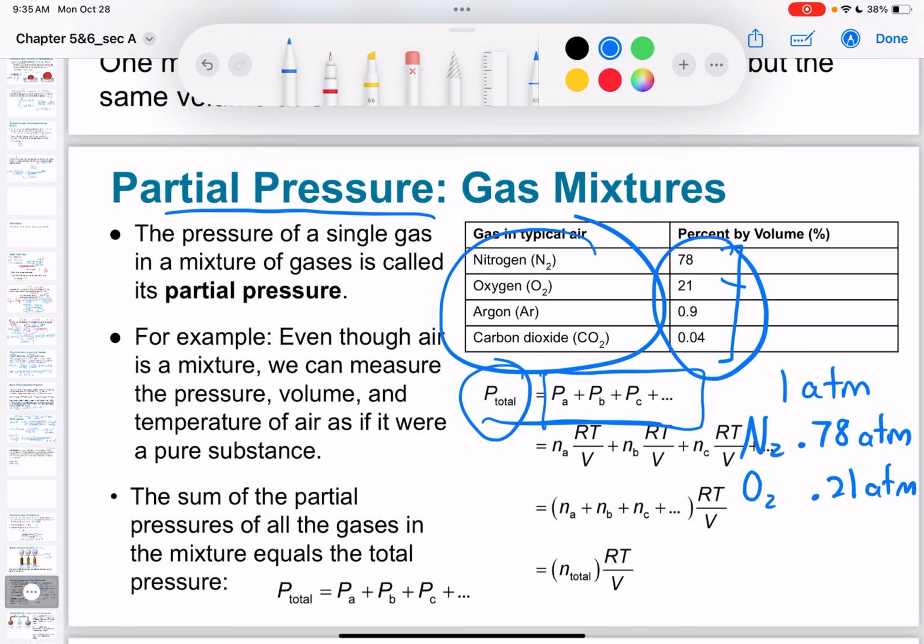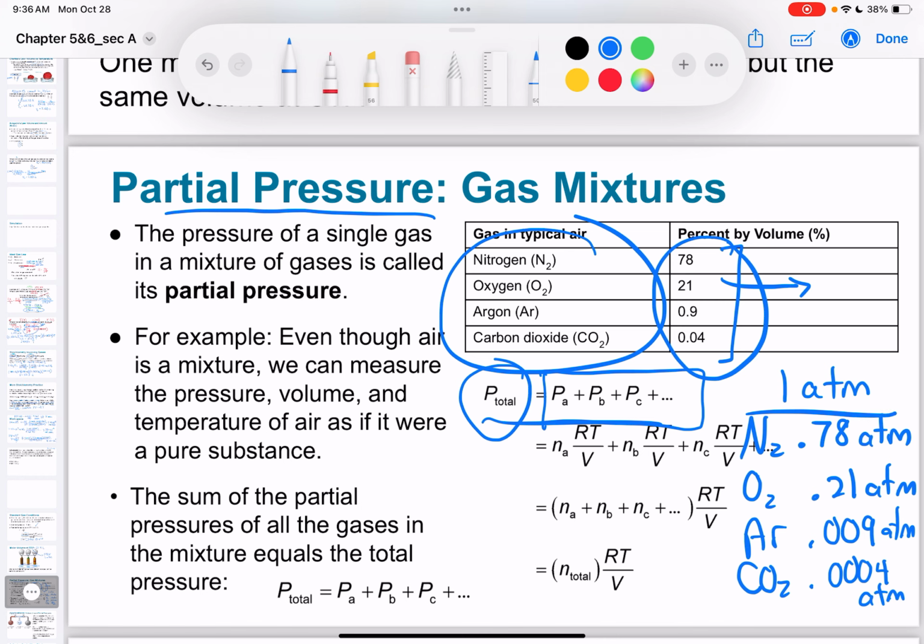So you see, I'm just moving these percentages into decimal form. And then the argon would be 0.009 atmospheres, and the CO2 would be 0.0004 atmospheres. Now, these don't add up to 100 perfectly. Well, I guess they're pretty darn close, actually, now that I look at it. Yeah, they're pretty darn close.